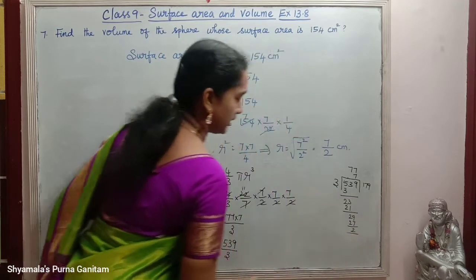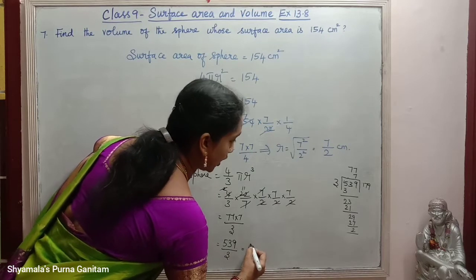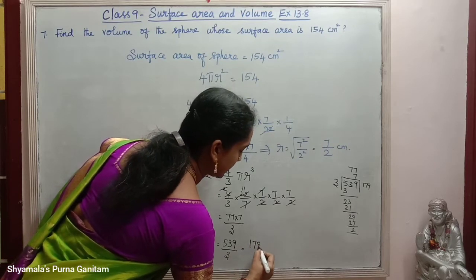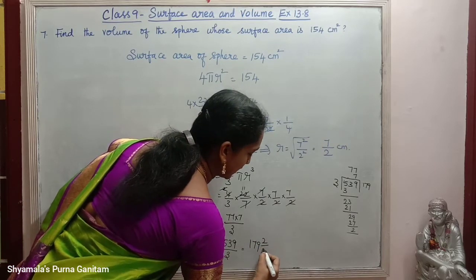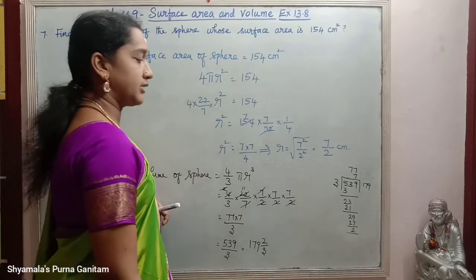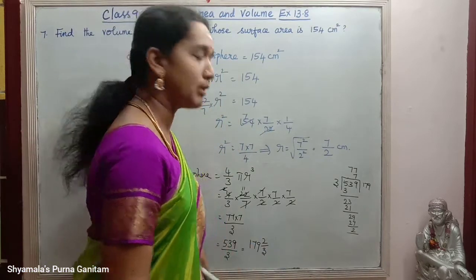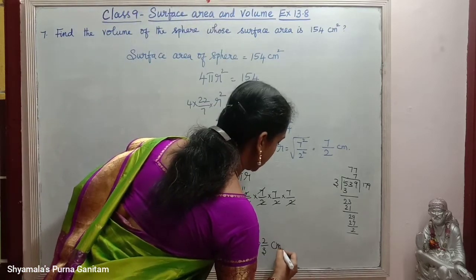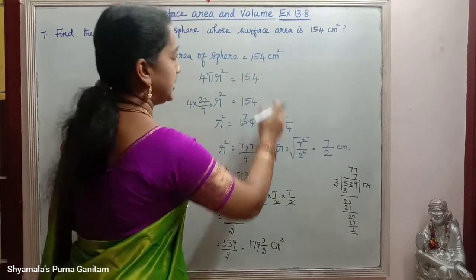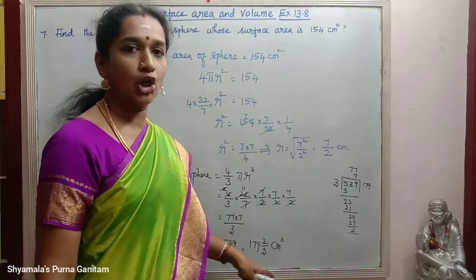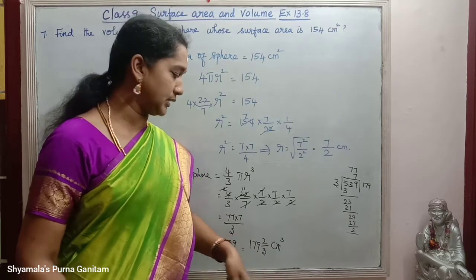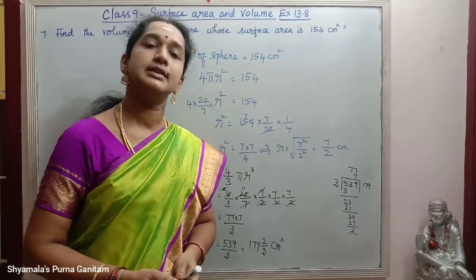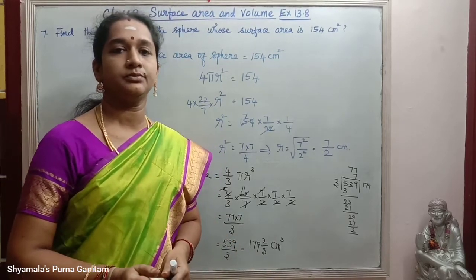So 2 is the remainder. So here we will get the volume of the sphere as 179. If we write it as a mixed fraction, we will get 179 2 by 3 centimeter cube. The question is given in centimeter, so the volume of the sphere we got is 179 2 by 3 centimeter cube.